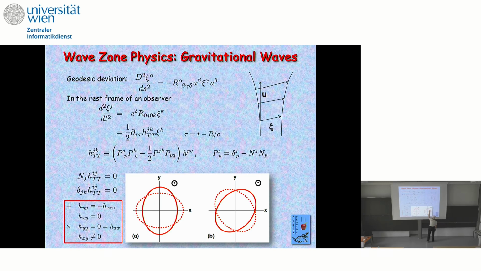HXY is positive. So the y of that particle goes up, half a cycle later it goes down. If I have a positive y particle on this circle, it gets a positive x displacement. So you can see a particle up here gets displaced along a 45-degree line. And then when the sign of HXY reverses, then this one gets converted into that one. It's actually the same pattern, just rotated by 45 degrees.